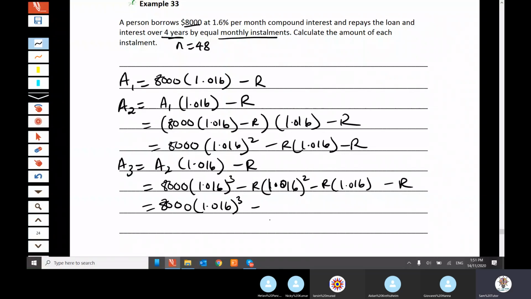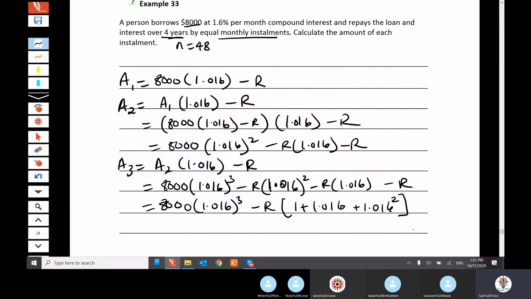R only, there's no bracket. So just R, and then 1 plus 1.016 plus 1.016 squared. Okay, I'm almost there.